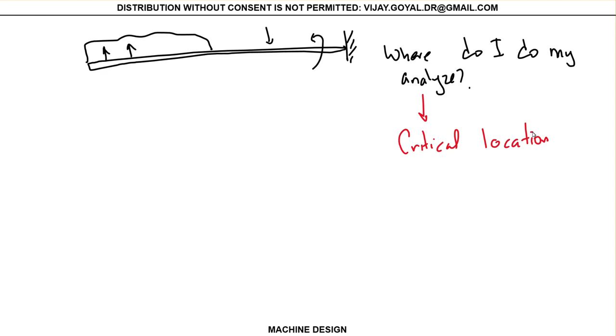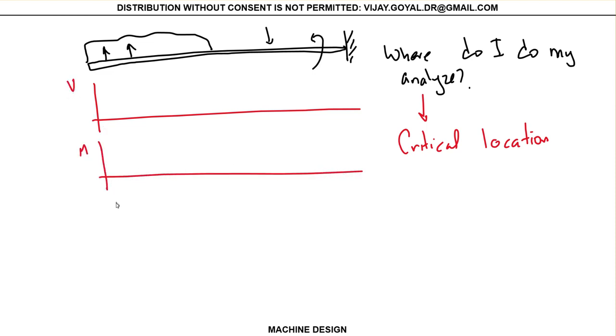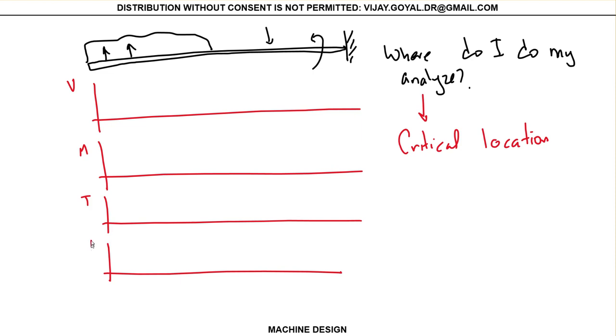First of all, you will basically do your shear and moment diagrams. We will review that in the next class. You do your shear, your moment. You may have torque. You may have your axial load.